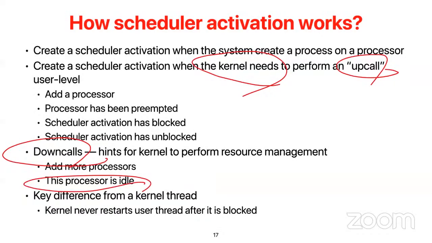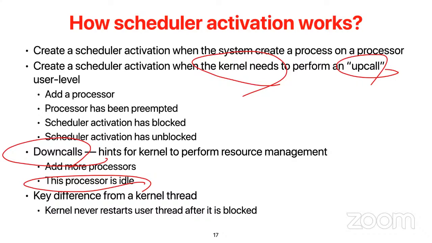The whole idea is simple. You just provide a new system call and create a new upcall. Instead of giving one processor to a process, you give multiple processors in the very beginning when you create a process, and gradually adjust it while the program is running.